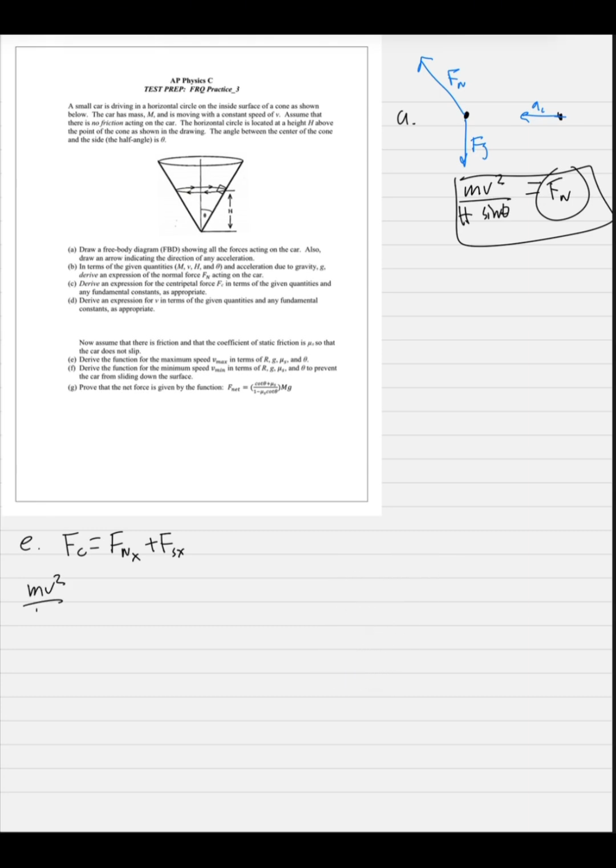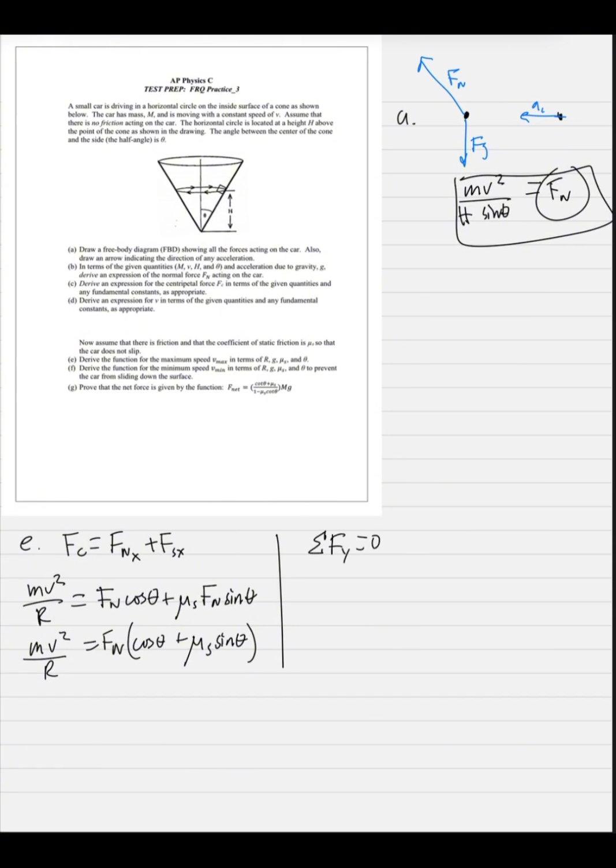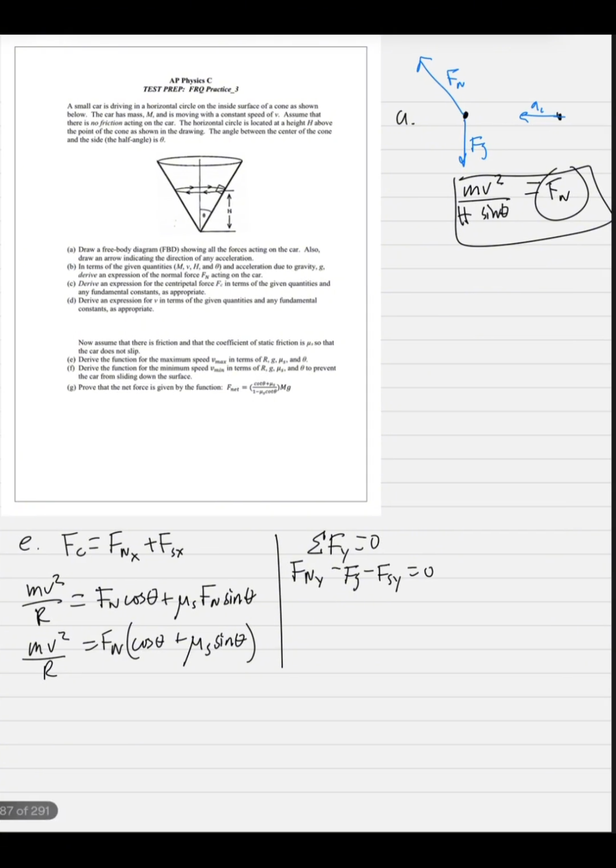We'll expand both sides. Then I'll factor out Fn. And we don't know what Fn is, so we look in the y direction. Again, it's not moving up or down, so net force in the y direction is 0. There's Fny pointing up, and then there's gravity, and then Fsy. That's also pointing with gravity.